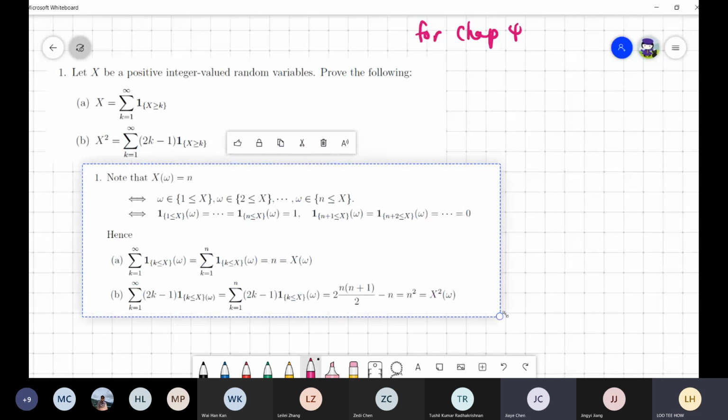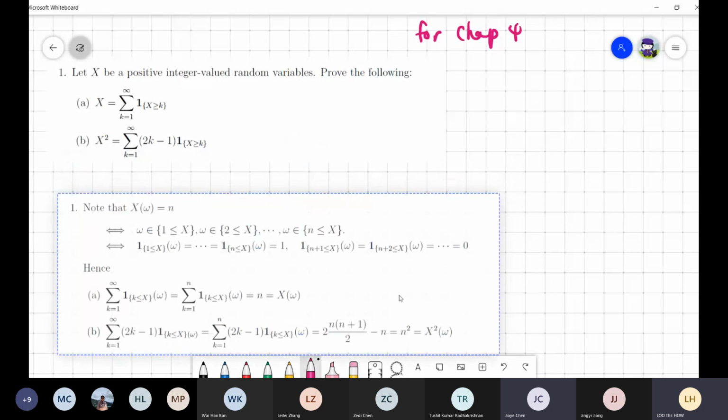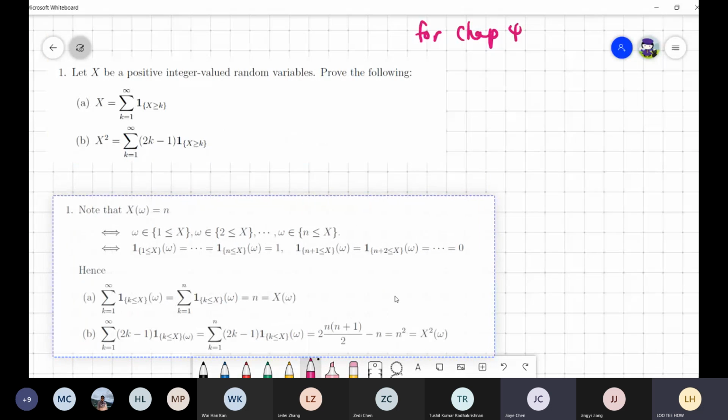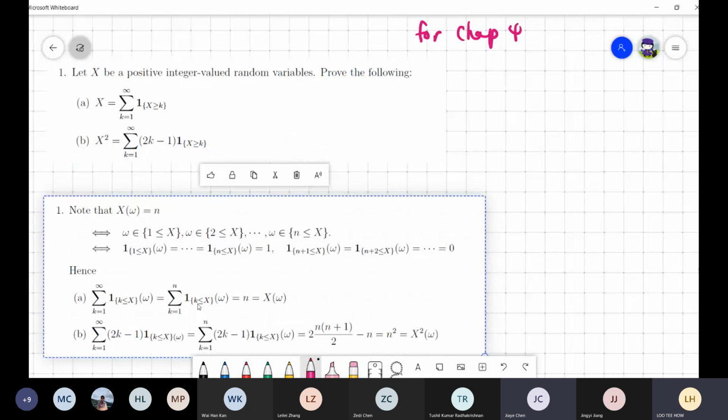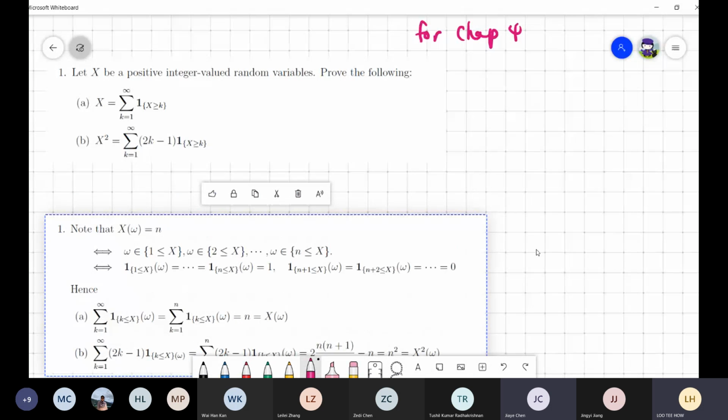Yeah, here it is. This is the answer for question 1, so this is the solution.